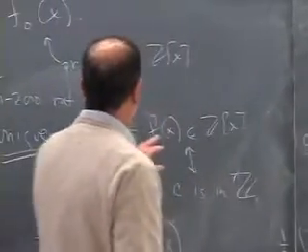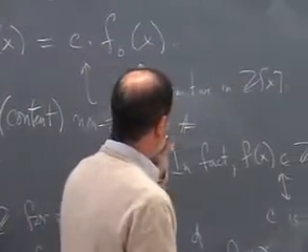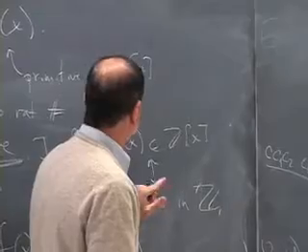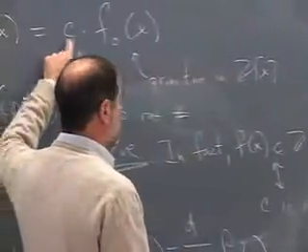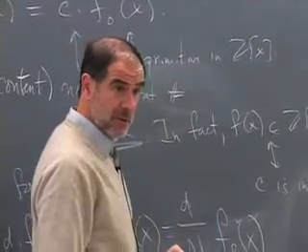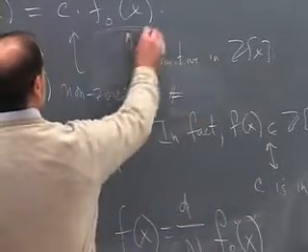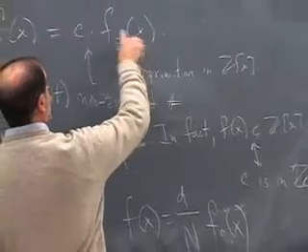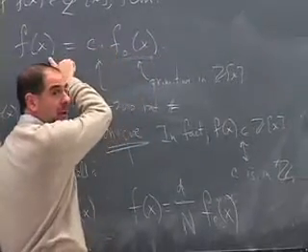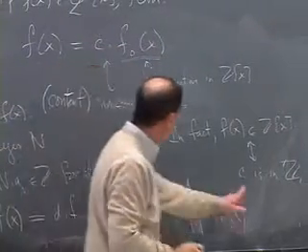In fact, I claim that when I write the polynomial this way, the polynomial has integral coefficients if and only if this constant is an integer. If the constant is an integer, this has got integer coefficients. So if you multiply a polynomial of integer coefficients by an integer, you get an integral polynomial. Okay, so that's this direction.